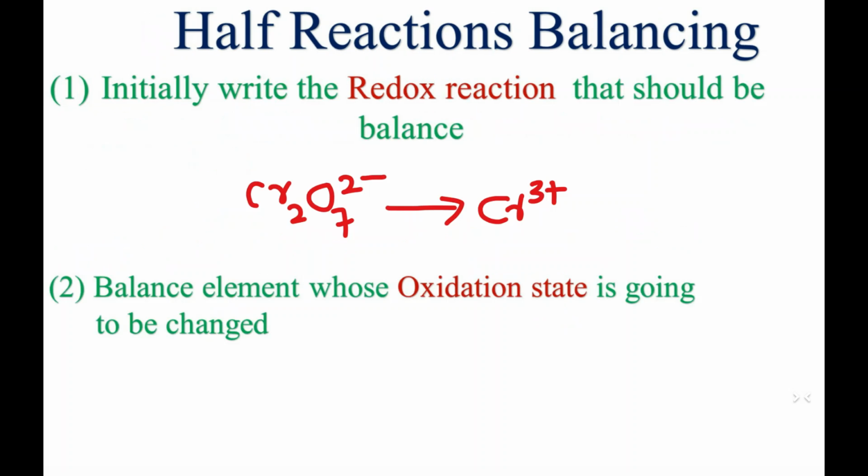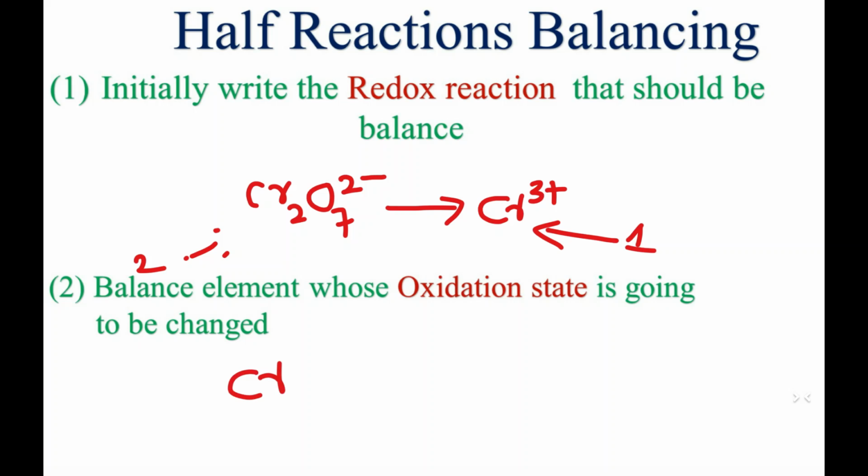In this example we have to balance dichromate becoming Cr3+. First of all we have to balance the element whose oxidation state is going to change. You can see the oxidation state of chromium is going to change, but on the left side there are 2 oxygen atoms, and on this side there is 1 oxygen atom, so we have to balance chromium initially.